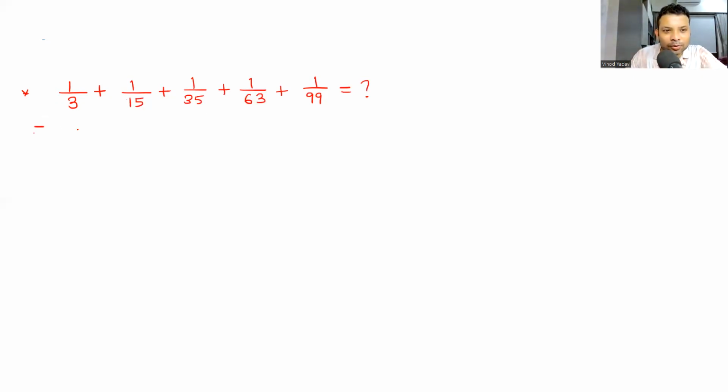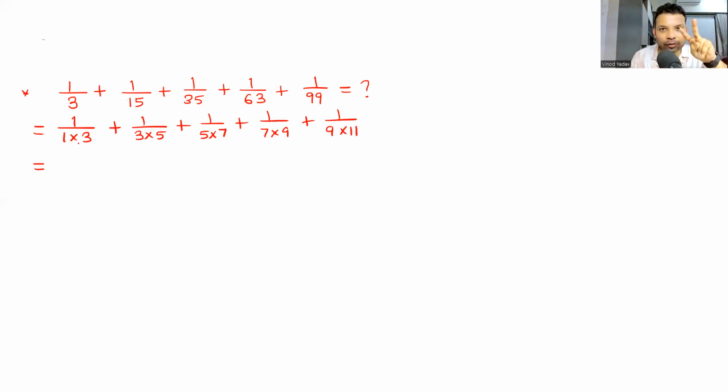Check this out. How I develop this further. Now, denominator is a product of two terms. First observation. And if you seek the terms carefully, it is nothing but an AP. 1, 3, 5. ये सब terms involved है ना. It's an AP where common difference is 2.